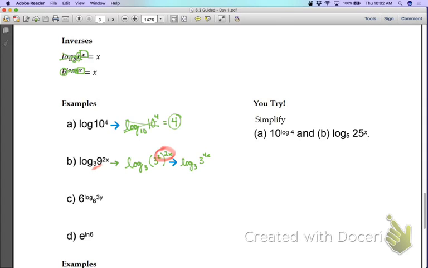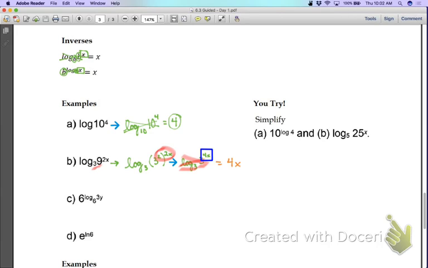So what is this whole thing going to be equal to? What's going to happen to my log base 3 and the base of 3? They're going to cancel. So what am I left with? 4x. Please don't overcomplicate this.